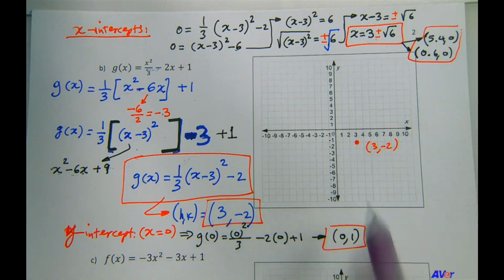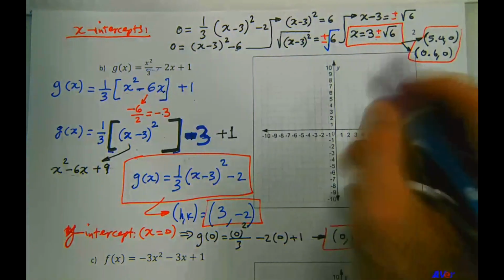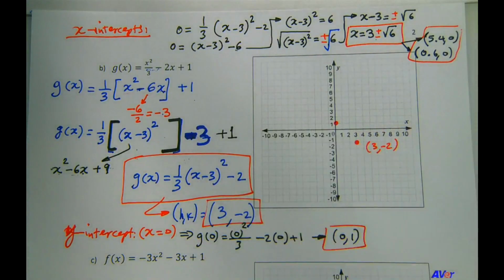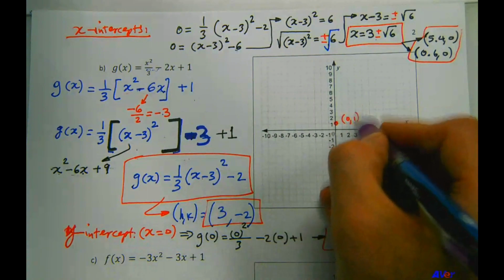Then we have the y-intercept, which is 0 comma 1, right there.